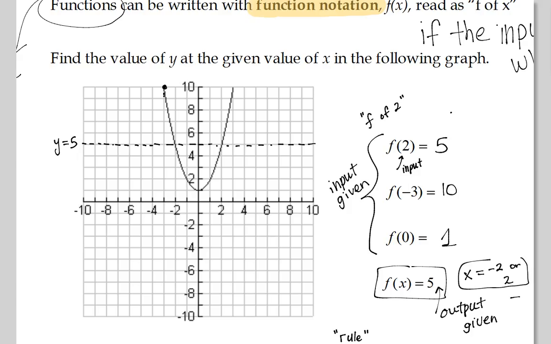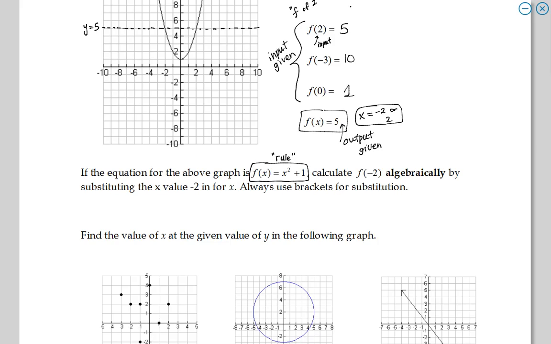Very good. You guys feel okay about this? Okay. Now, what we're going to do is we're going to do this algebraically.